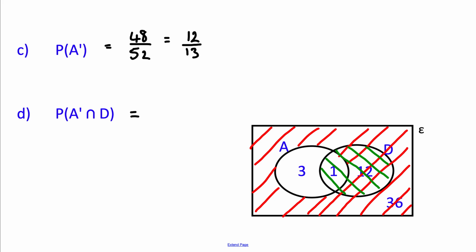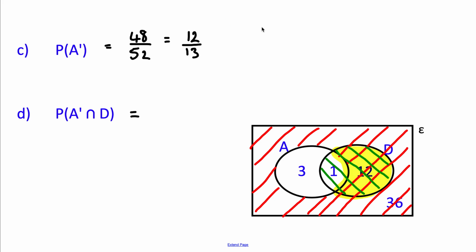And then we need to think about the section that we actually want. So we want the intersect. Now, for the intersect, that's going to be the bits of the Venn diagram that have both of the shadings, the red shading and the green shading. And that's this section here.